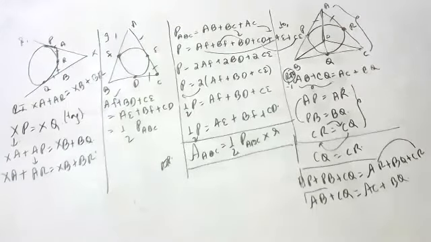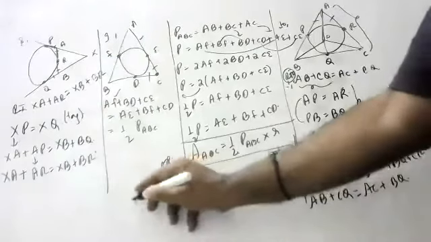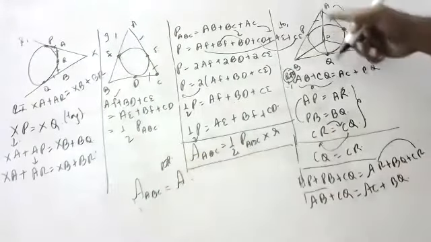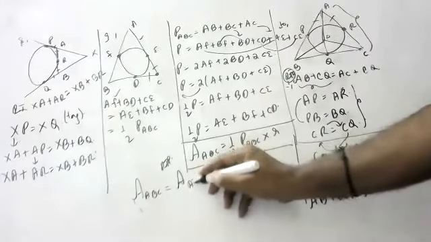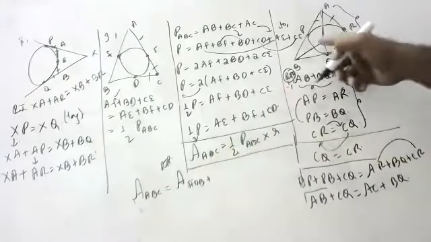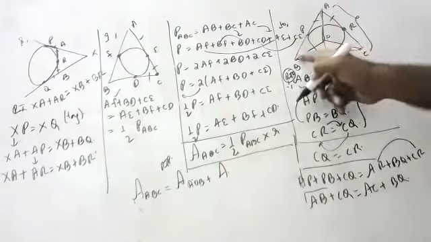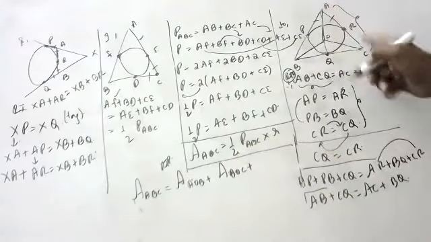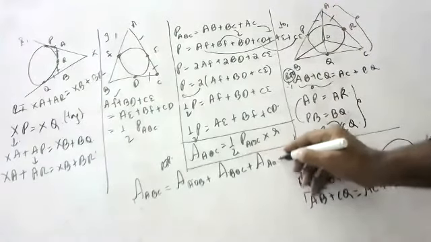Children, try to understand. Area of ABC can be written as area of AOB plus area of BOC plus area of AOC.